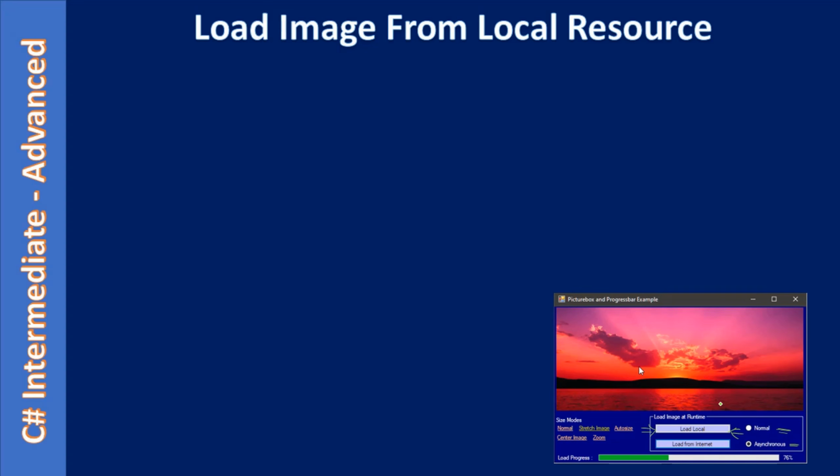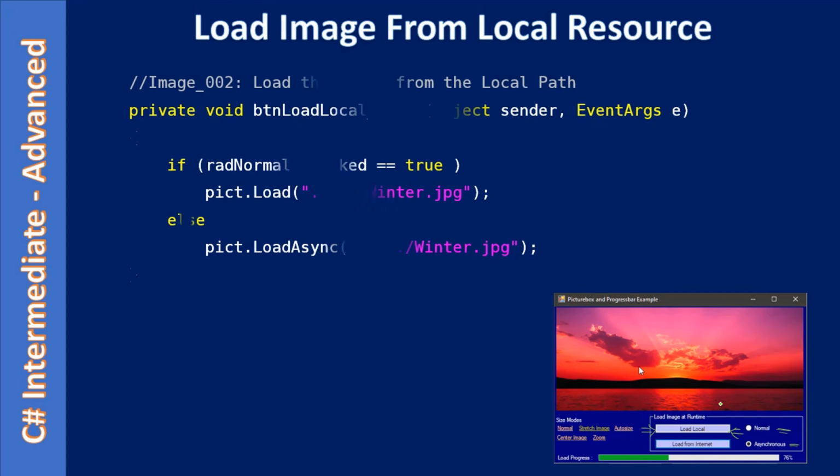So before that, first let us look at the code. And if you see, at present we are handling this load local click event. That means we will be loading the picture from the local resource. So this double dot specifies the relative path.